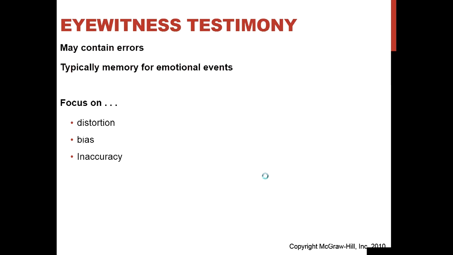Okay? Now, I mentioned before that we would talk about eyewitness testimony a little bit. And with regards to eyewitness testimony, just like the way that we look at the memory for traumatic events, sometimes it may contain errors. Okay? Typically, again, eyewitness testimony and this type of memory is for some kind of emotional event.